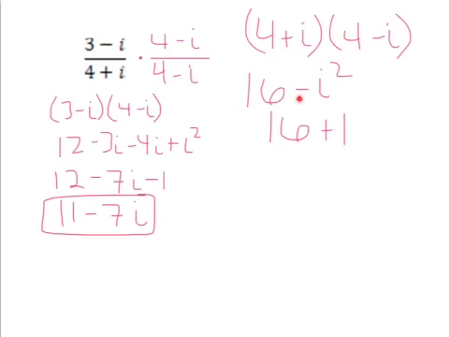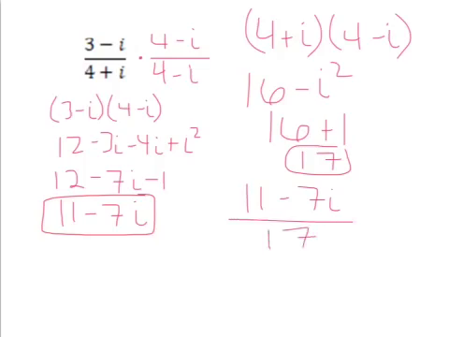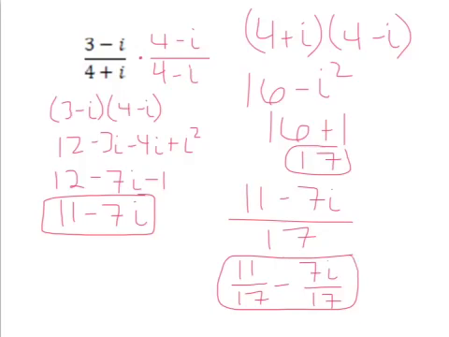So we get negative, and negative 1 gives you positive 1. So I'm left with 17. So that means I'm going to have 11 minus 7i over 17. If we split it up, 11 over 17 minus 7i over 17. And there's my final answer.